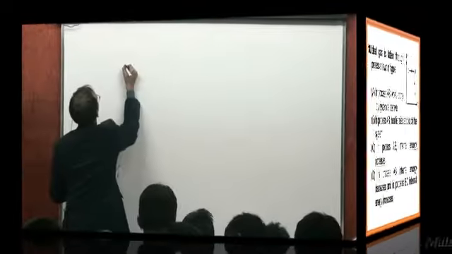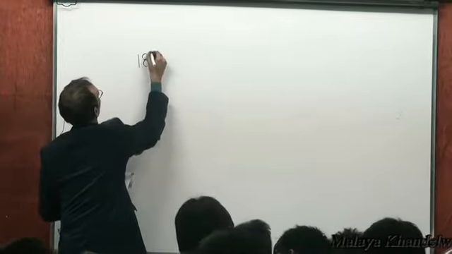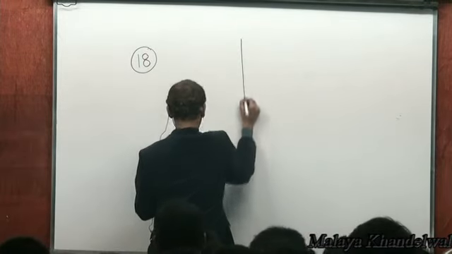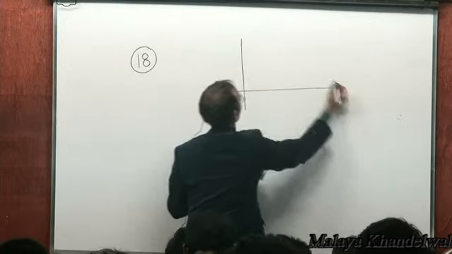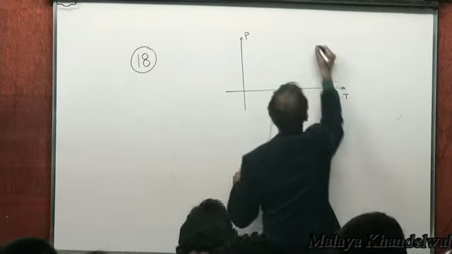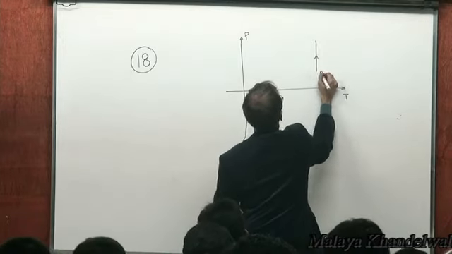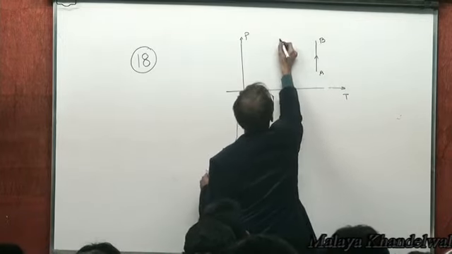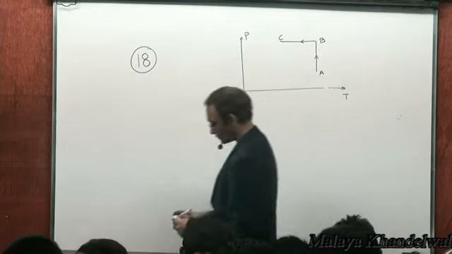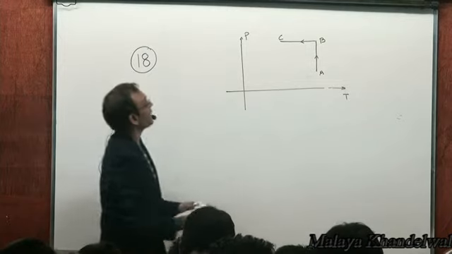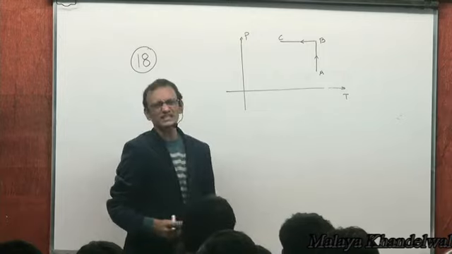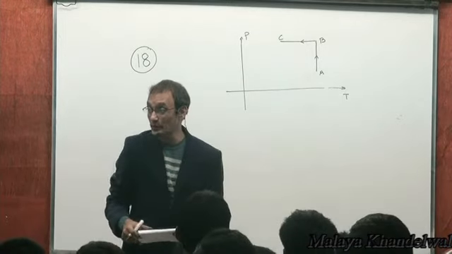In question 18, we are going from A to B and then B to C. PT graph. Now when you go from A to B, what kind of a process is A to B? Isothermal process.